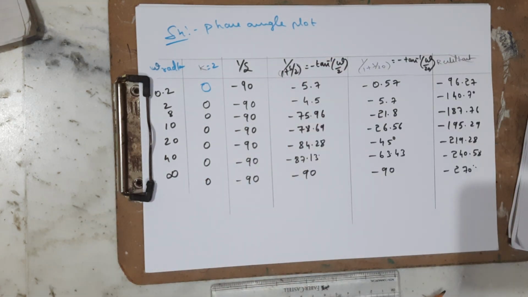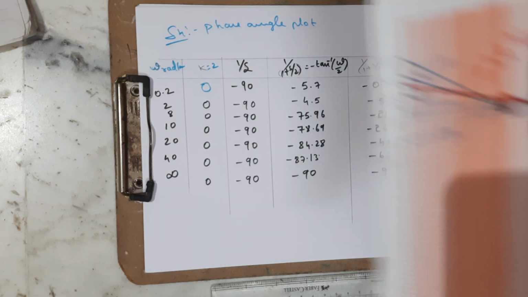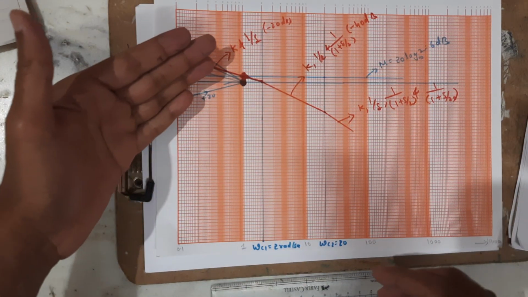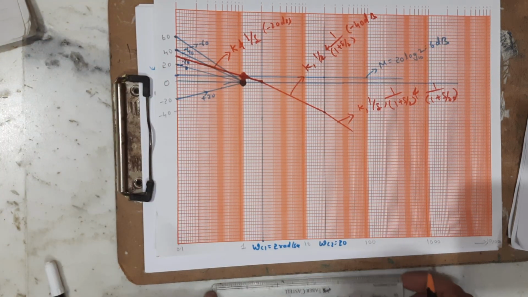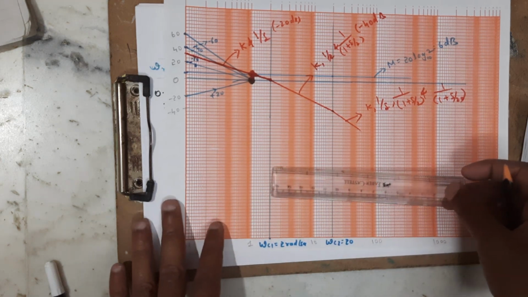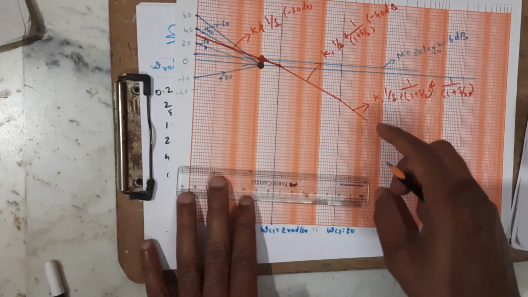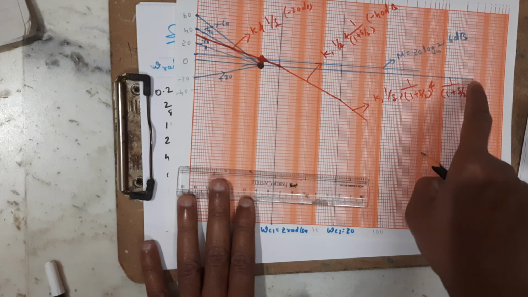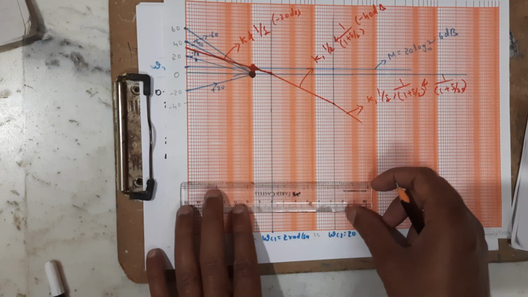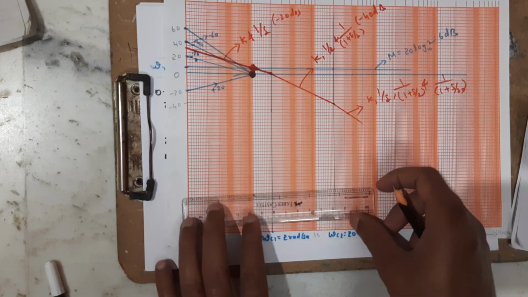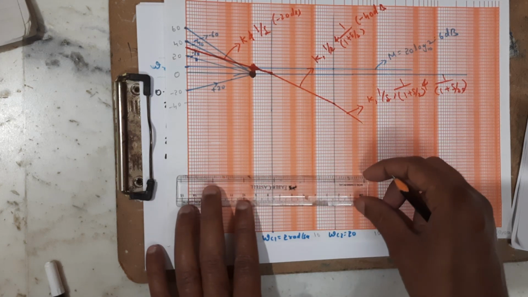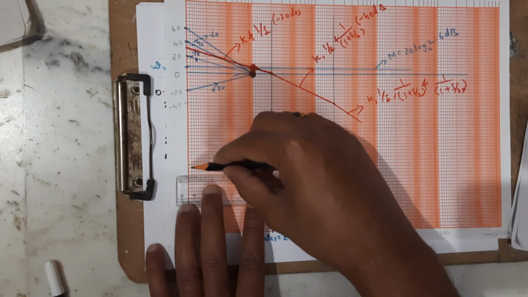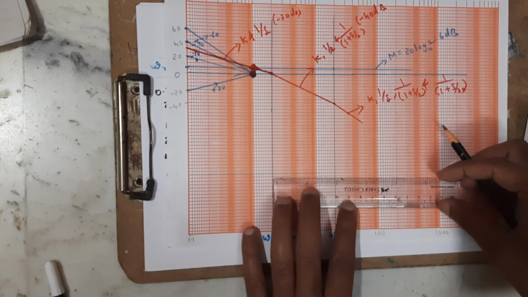I hope you understood. As I told, the Bode plot consists of the magnitude plot as well as the phase angle plot. The magnitude plot is already over, so now we need to prepare the phase angle plot. Here the reference line for the magnitude plot was 0 dB. Here I am going to take a reference line at any convenient point.